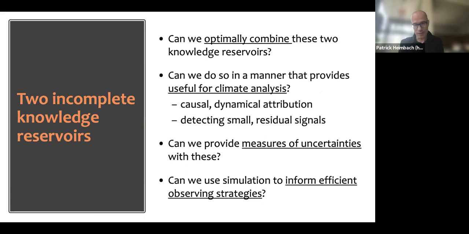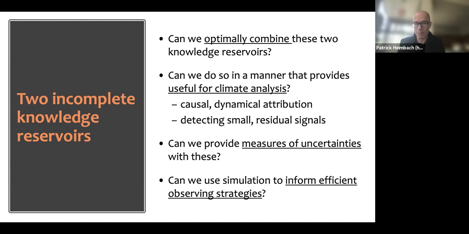I'm emphasizing this, and you'll see a bit later in the talk why. But the bottom line is that in many cases we're seeking to detect small residual signals that are basically rising, or maybe not yet, above the noise of climate variability.